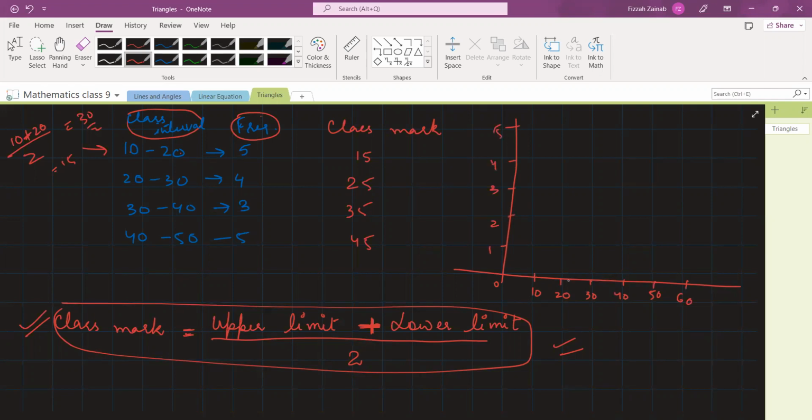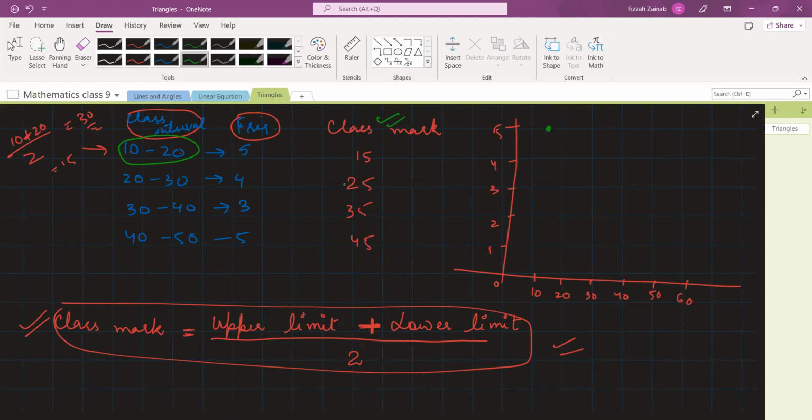So 10 to 20, the class mark is 15. So I don't want to draw histogram. I want to draw frequency polygon. So you see here. In the interval 10 to 20, class mark is 15, right? And the frequency is 5. So you have 15 here and the frequency is 5. So you make a point here. Clear?